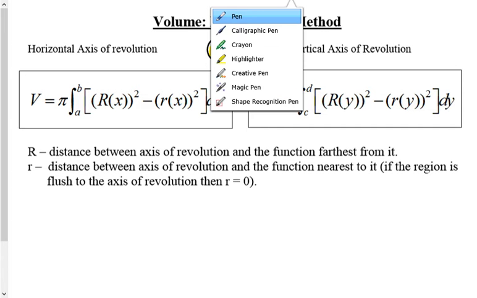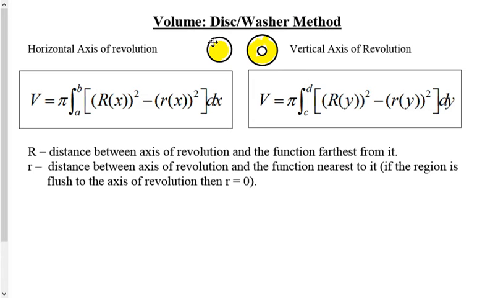So if we have a washer, we've got a big circle with a little circle, so we do pi times the big radius squared minus pi times the little radius squared. That's where these two formulas come from.